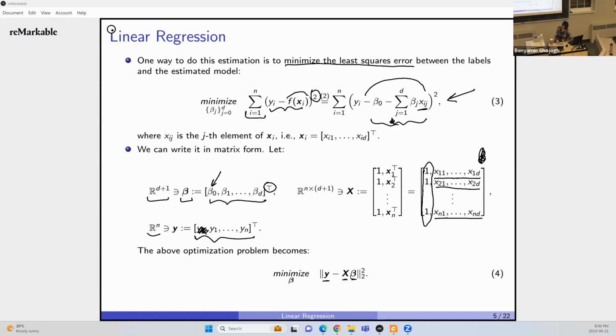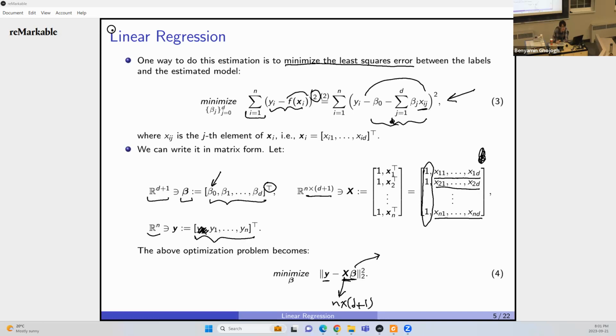So I can write this as x beta. Why? Because what is the dimensionality of x, by the way? It's n rows, because I have n data points, and d plus 1 columns. Why? Because each of the data points is d-dimensional, also adding 1 for bias. So n rows and d plus 1 columns. Therefore, this is n by d plus 1.